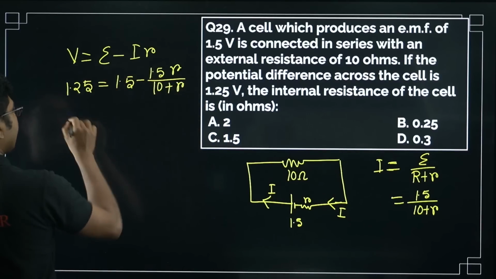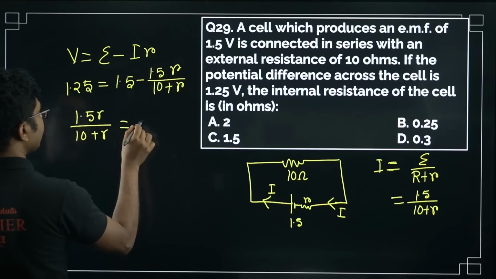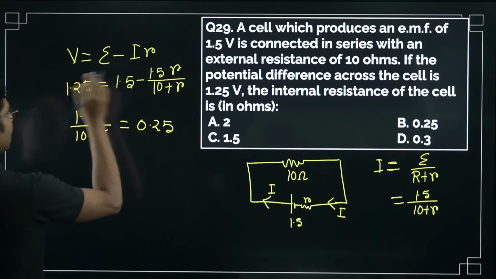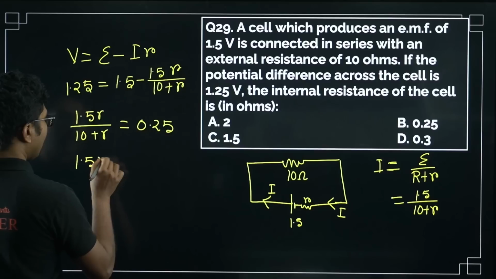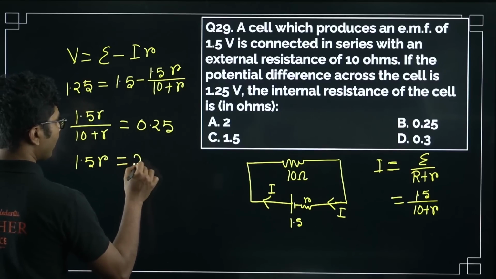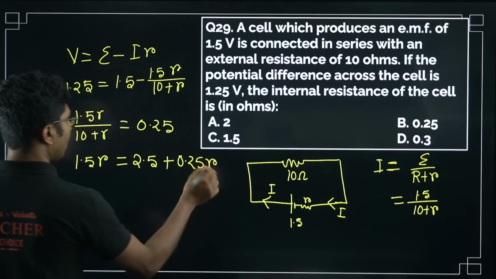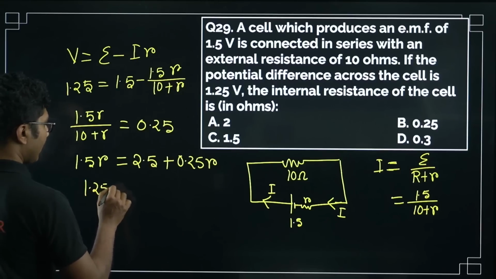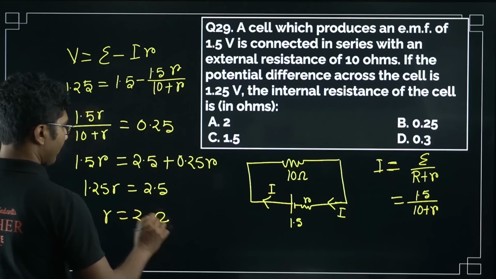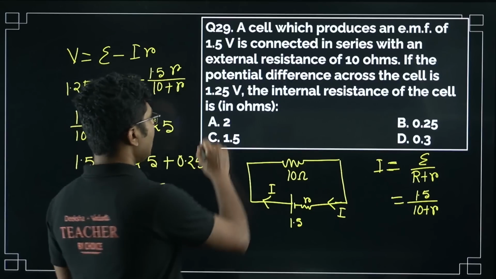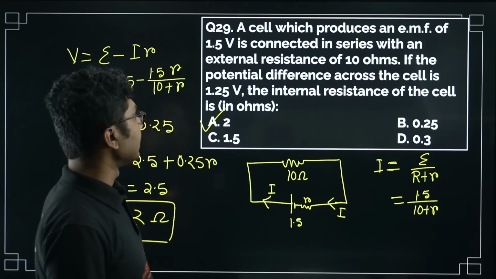Take it to the other side: 1.5 r by 10 plus r equals 0.25. Cross multiplying, 1.5 r equals 2.5 plus 0.25 r. So 1.25 r equals 2.5, or r equals 2 ohm. So internal resistance is 2 ohms. Just do the mathematics step by step and you will get the answer.